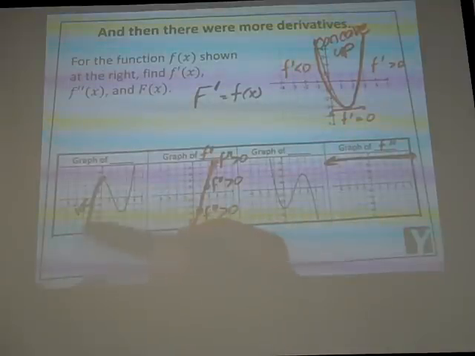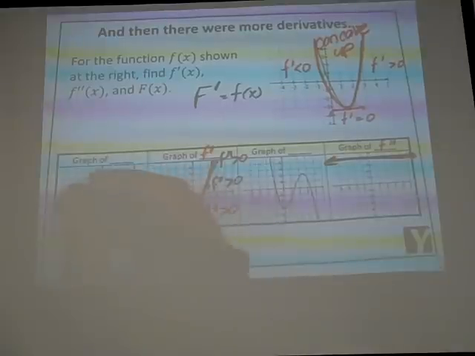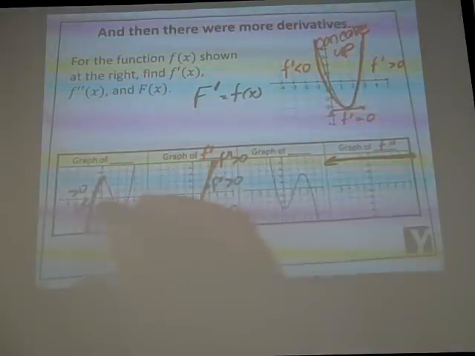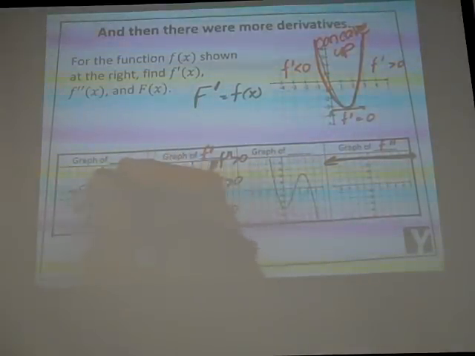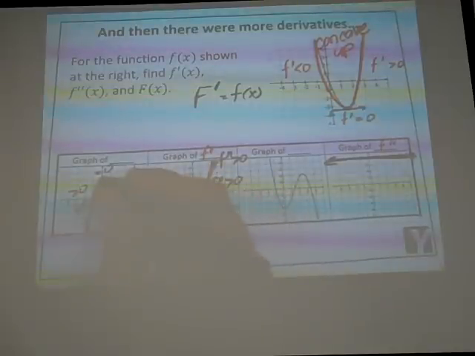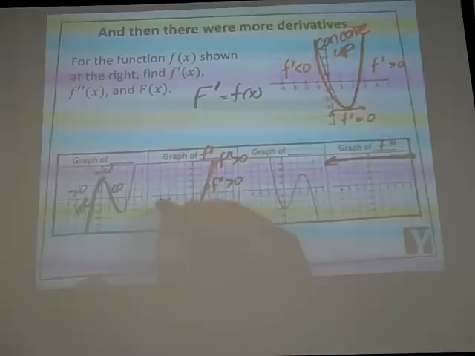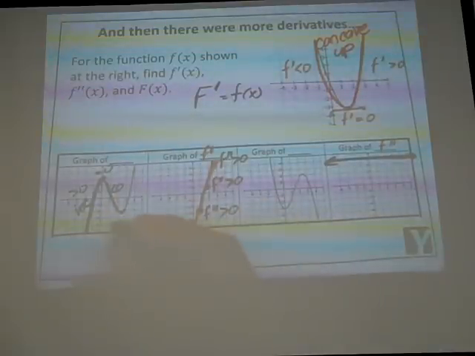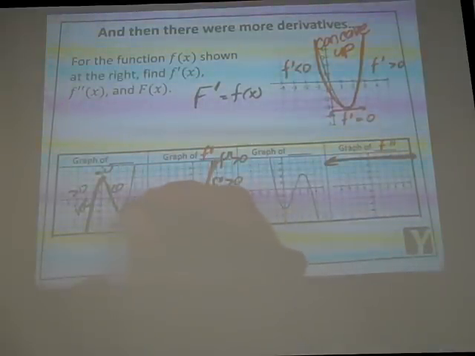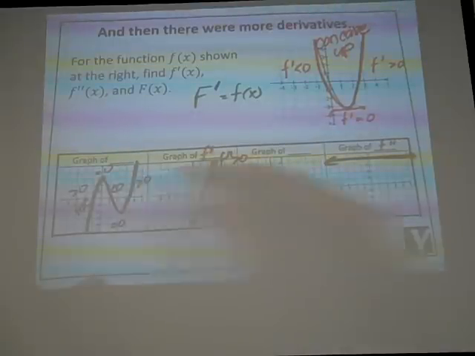Well, what does that mean? That would mean that the derivative of this function has to be positive along there, and that it has to be equal to 0. Since this function is decreasing, I would expect the derivative to be less than 0. It's going to be equal to 0 at this minimum point, and then after that, it's going to be positive.